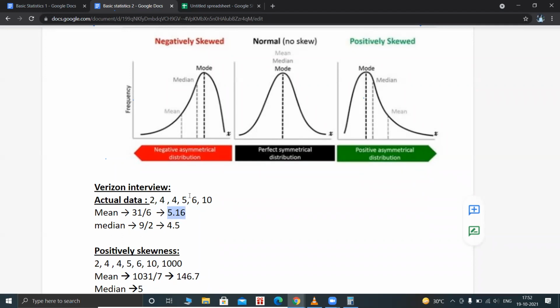So we can observe some kind of closeness within the data, right?